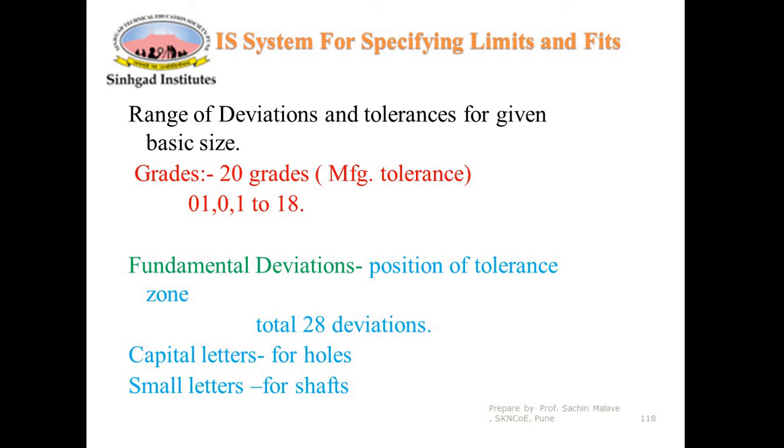These fundamental deviations are denoted by letters. If the letters are capital letters, it indicates that the fundamental deviation is for the hole. Capital letters denote the fundamental deviation of holes. Small letters denote the fundamental deviation of shafts.